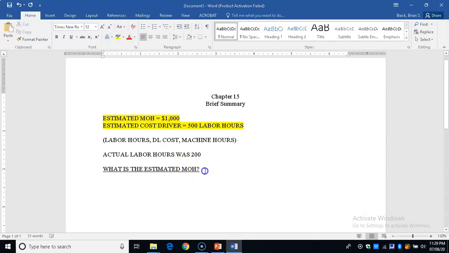That doesn't mean that's what we actually have this year. Well, I think I'm going to have $1,000 in overhead, and I figured that I might have 500 labor hours. So if you do the math here, that equals $2 per labor hour.